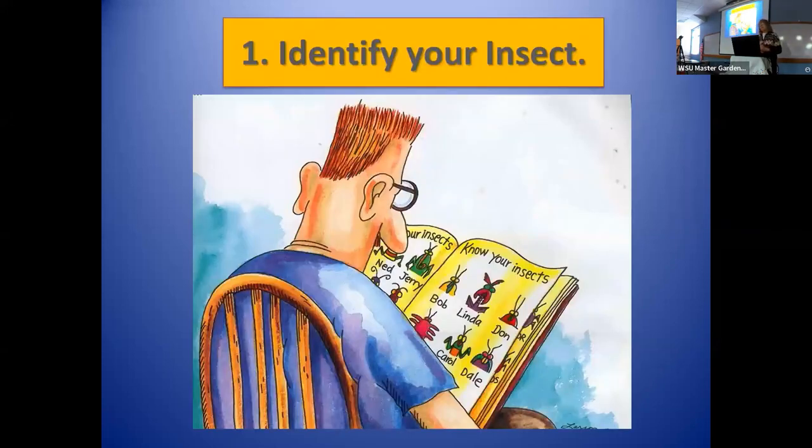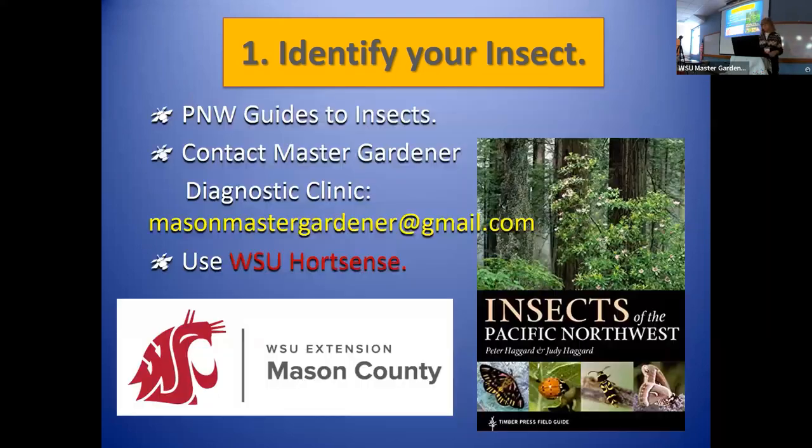So our first step in the IPM process is to ID your insects. If it was only this easy. But it's really important because if you don't know what the insect is, you're not going to know how to respond to it. So it's time to gather your resources.